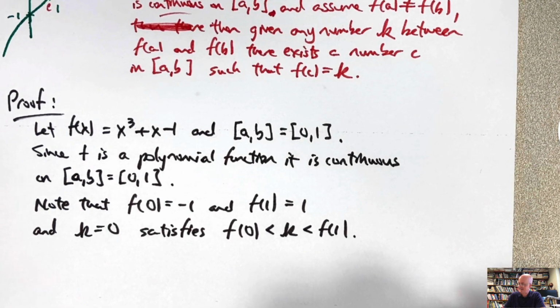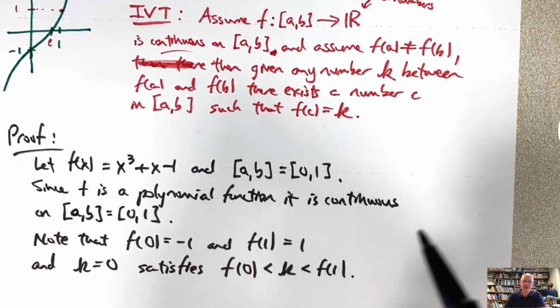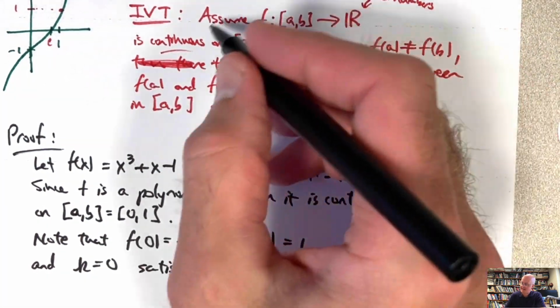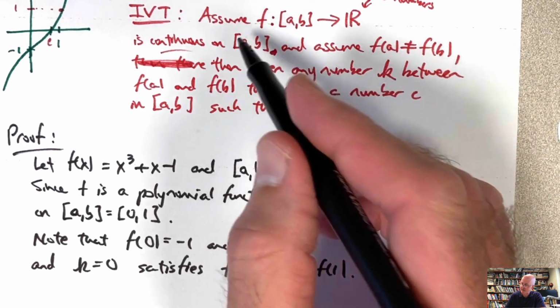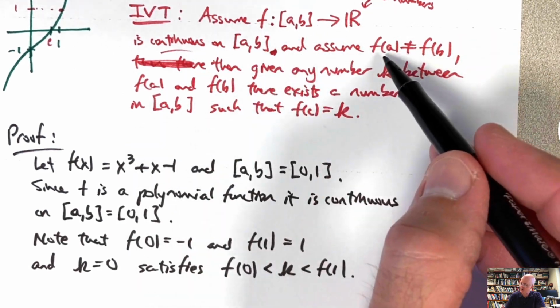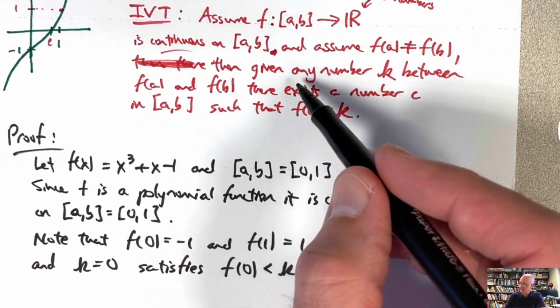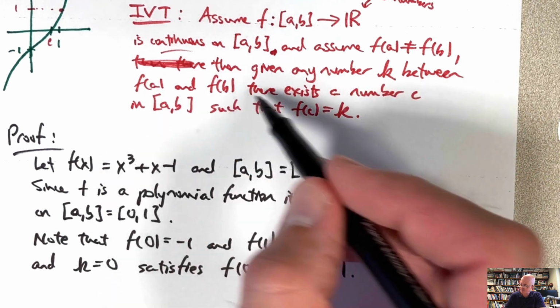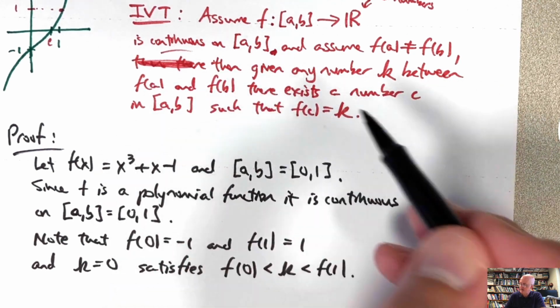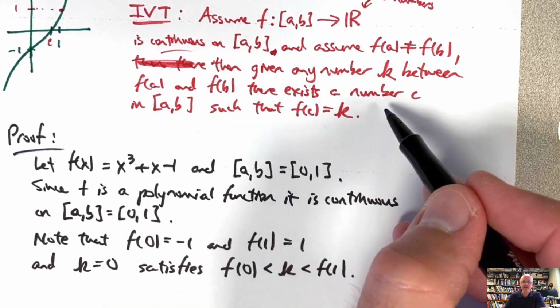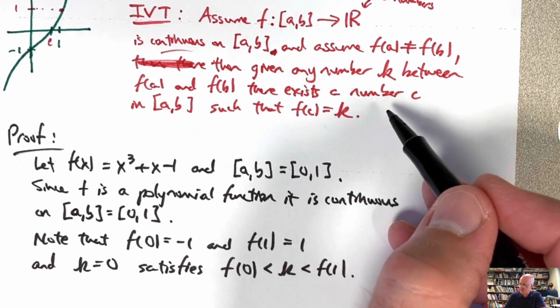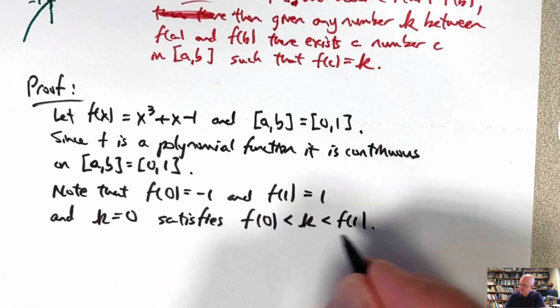What do we say next? Now we use the theorem. The hypotheses of the theorem have been satisfied. We've got a function that's continuous on the interval. The function outputs at the endpoints are different. We've got a k, which is 0 in our case, that's between the given numbers. That means we can use the theorem. The conclusion will follow. There exists a number c.